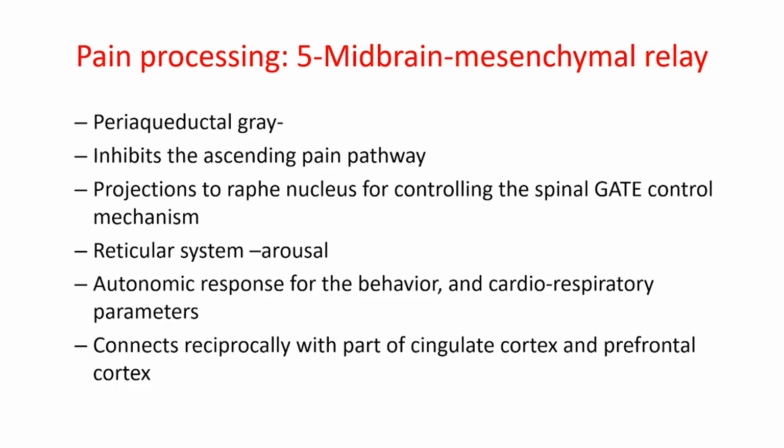So the stimulation of some periaqueductal gray neurons may produce pro-nociceptive effects, that means they prolong the nociception. The stimulation of some of these will produce anti-nociceptive activity. So that means the cingulate cortex and the prefrontal cortex utilize this aspect of the periaqueductal neurons.